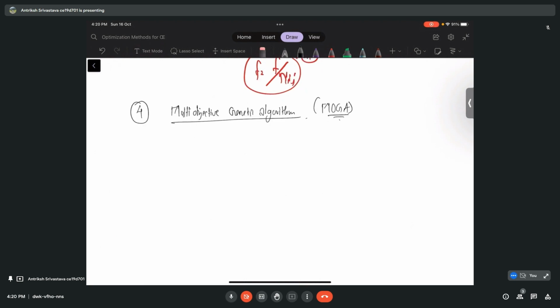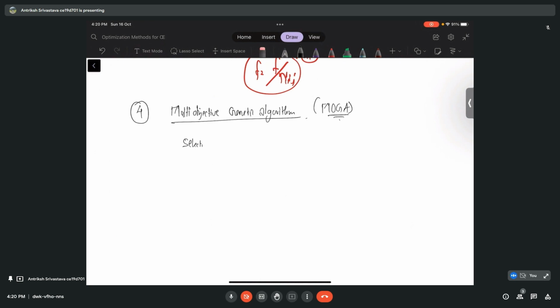In this, the selection is done based on the ranking of the solution in the objective function space. And in the same way, niching is also done here to get the Pareto optimal front. Let's understand how we get the ranking.